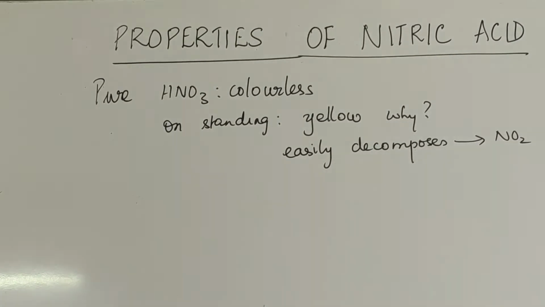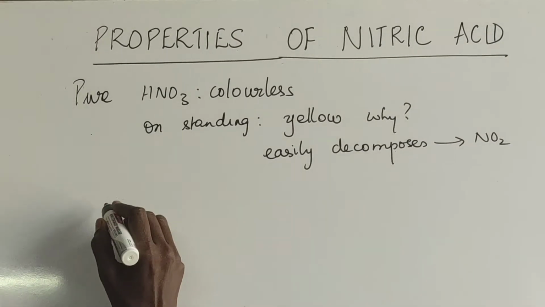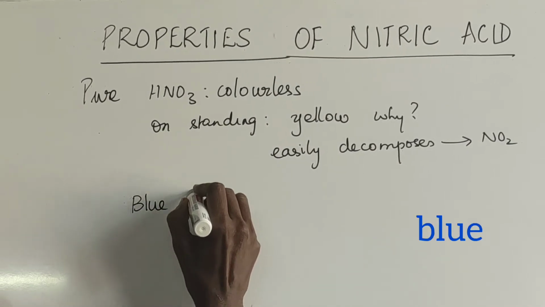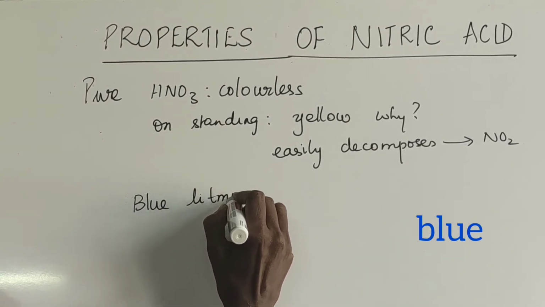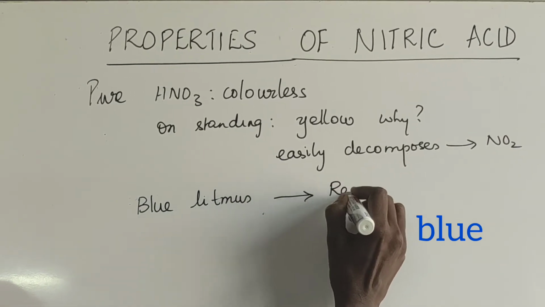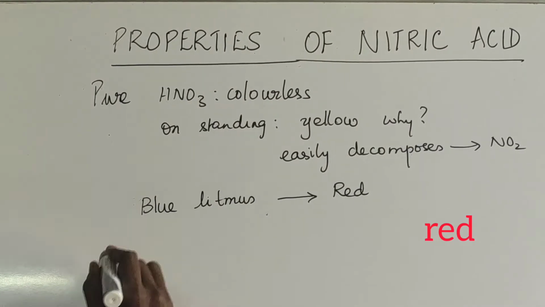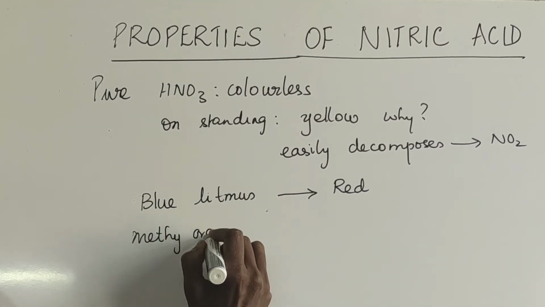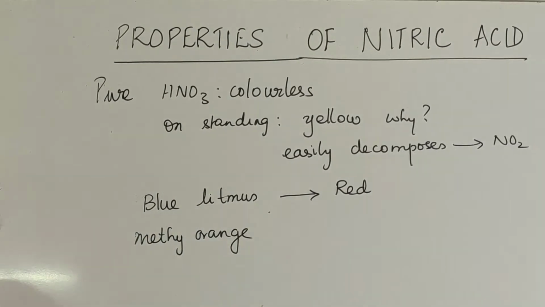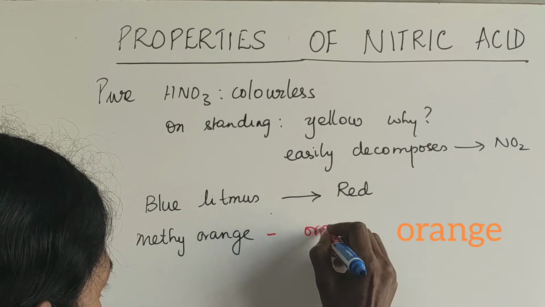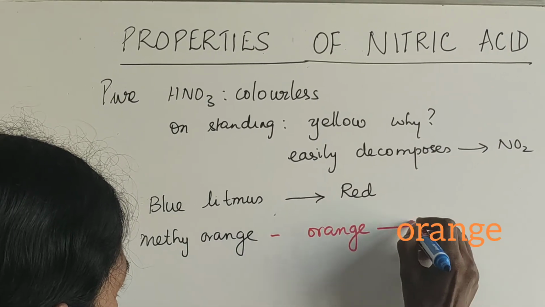Being an acid, it would turn blue litmus solution, or any paper, red. Methyl orange will turn from orange to pink.